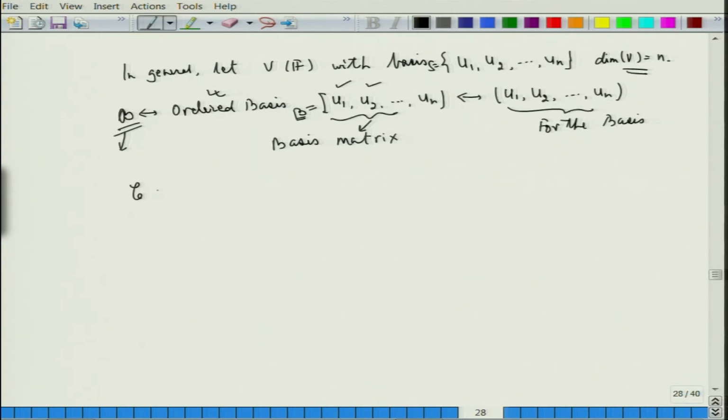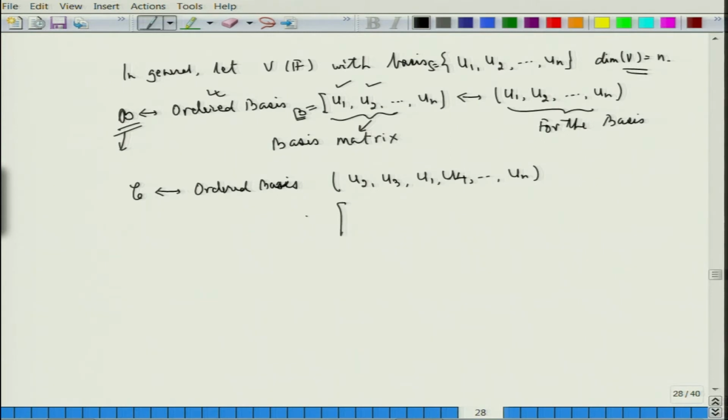I can also take C, another ordered basis, again calligraphic, as say u2, u3, u1, and so on. So u4, so on till un. I can write like this.